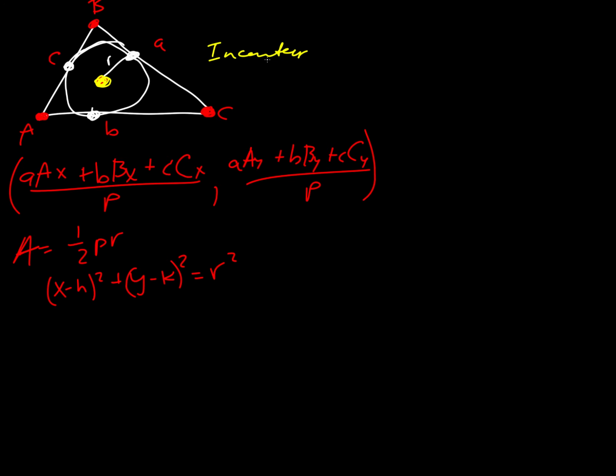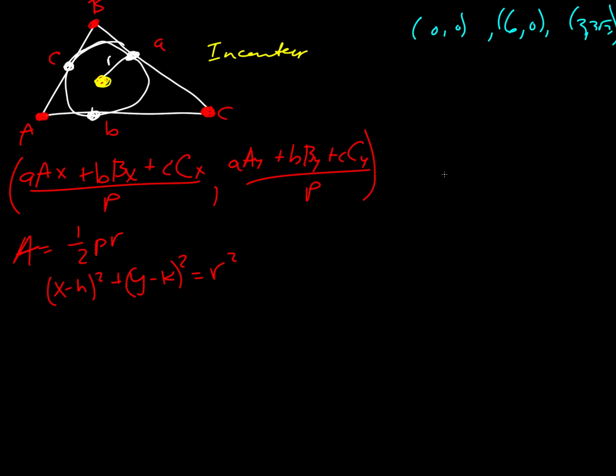Okay, so we have a circle that is inscribed in an equilateral triangle on a coordinate plane. The vertices of the equilateral triangle are (0, 0), (6, 0), and (3, 3 root 3).